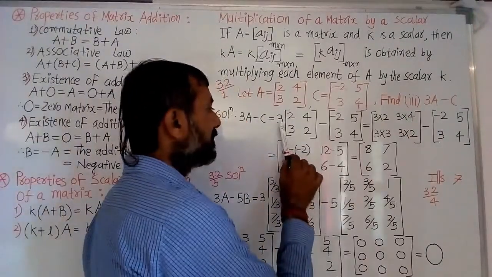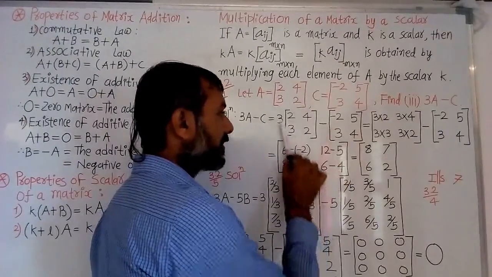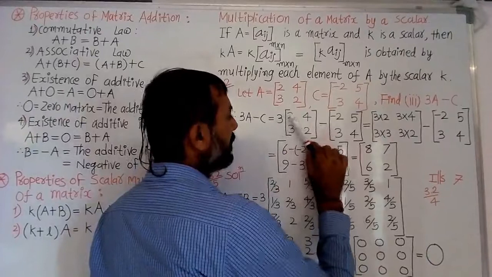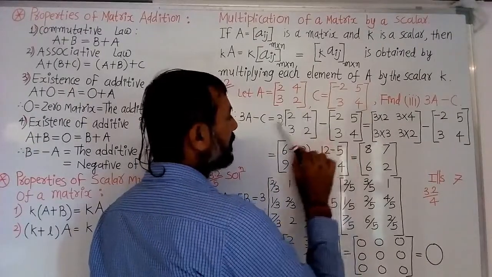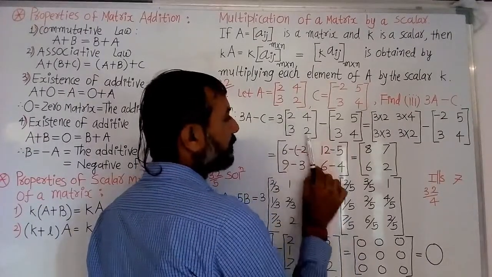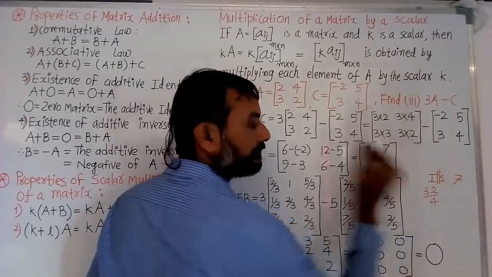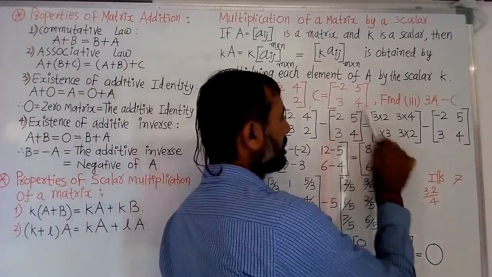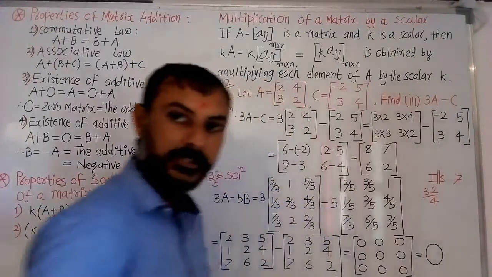So this means 3 multiplies each element of this matrix. So I write here 3 into 2, 3 into 4, 3 into 3, 3 into 2. Clear?